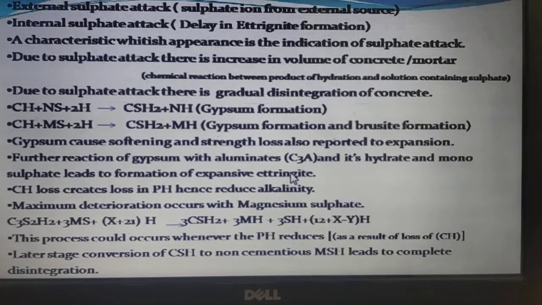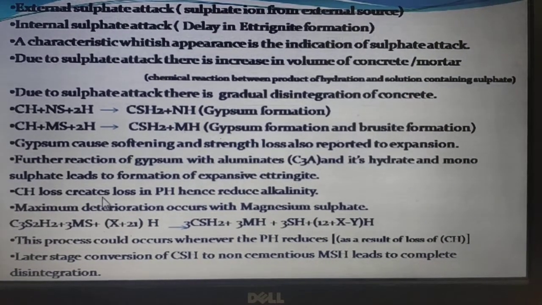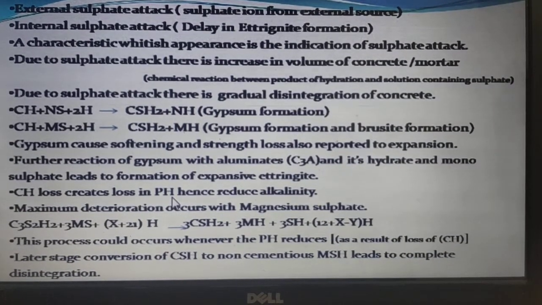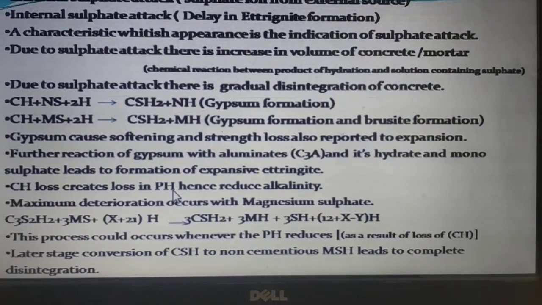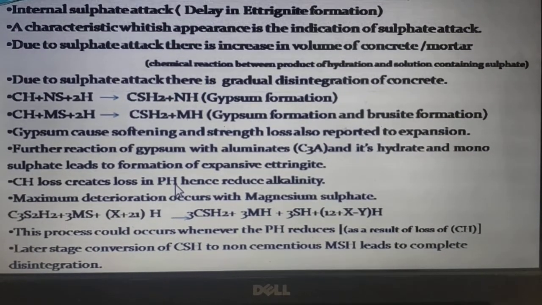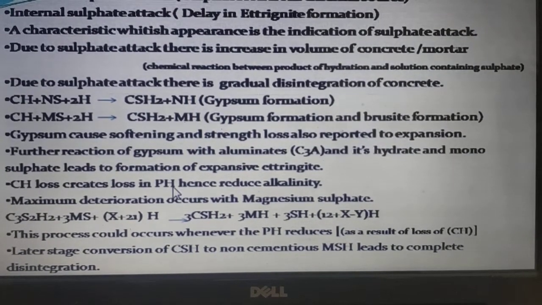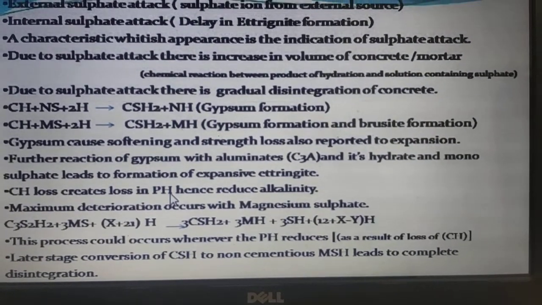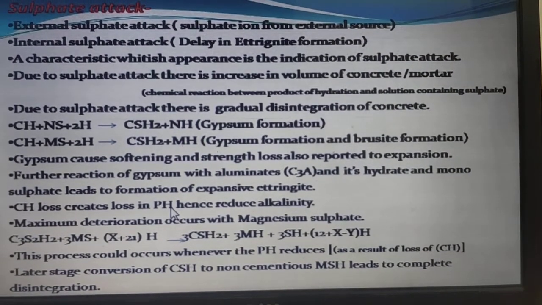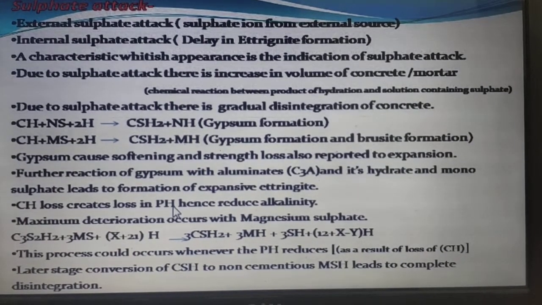CH loss, that is calcium hydroxide loss, creates a loss in pH, that is, the alkalinity of the concrete is reduced. As the alkalinity is reduced, the protective oxide layer present around the reinforcement starts reducing. Hence, corrosion of reinforcement starts.